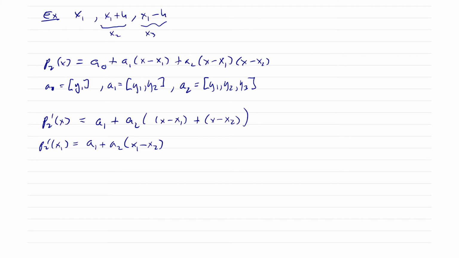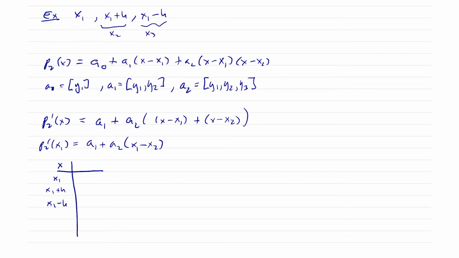Okay, we need to figure out what a1 and a2 are, and so we can go ahead and do that. So, using our divided differences table, we have our x values, which are, say, x1 plus h, x1, x1 minus h.